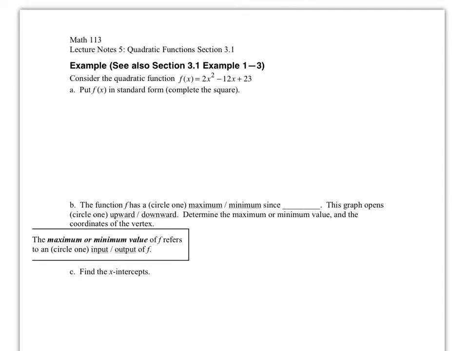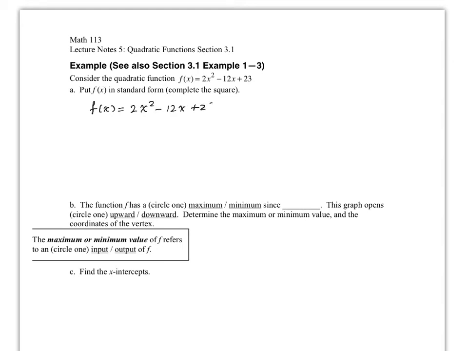Okay, now let's try an example where you have to change this into standard form. For that, you need to complete the square. If you forgot how to complete the square, well, this is your lucky day. You're going to learn how to do it. This is the original problem.